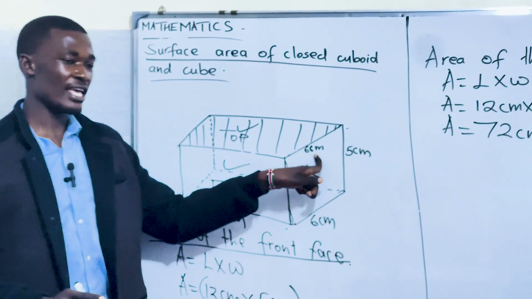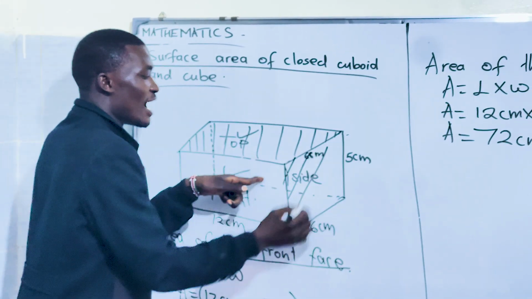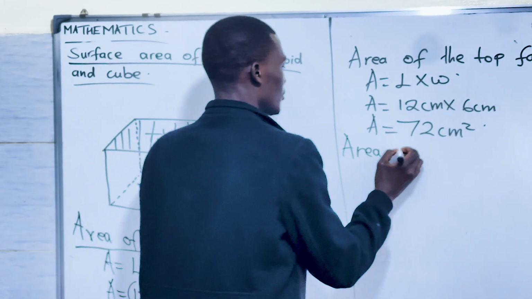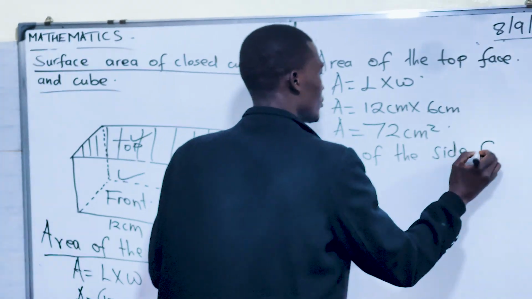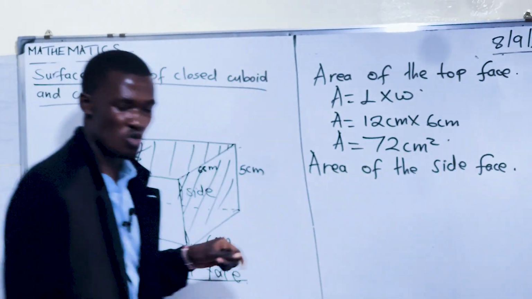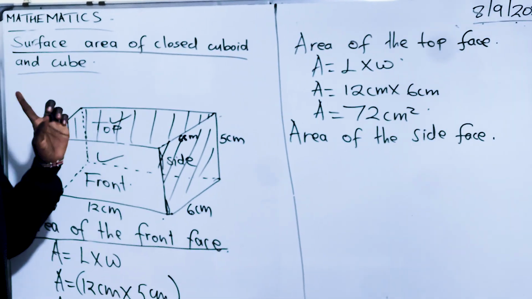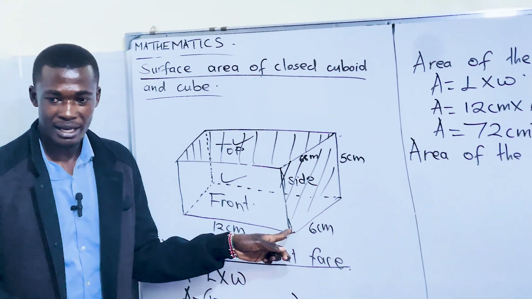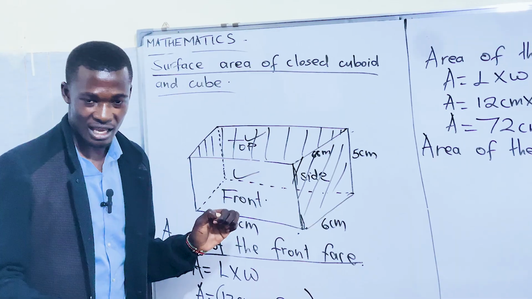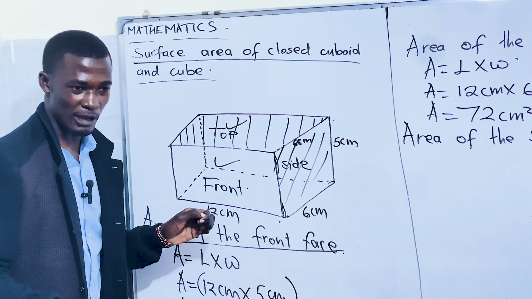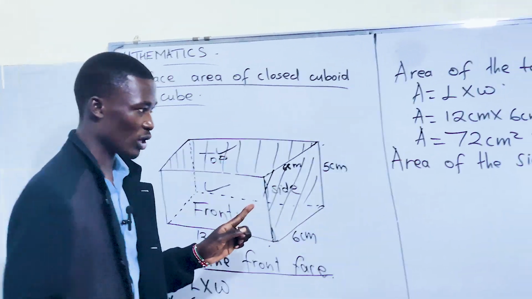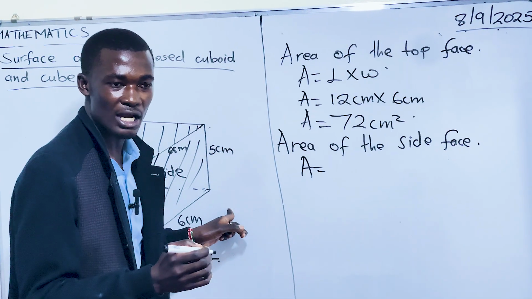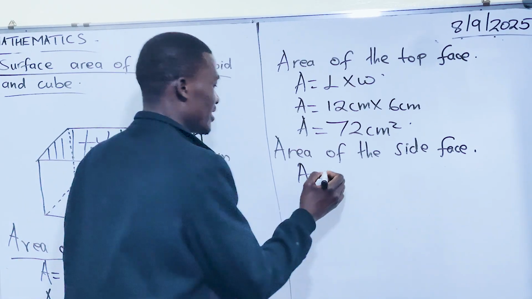We are left with the area of the side face. We have it here. So how do we get the area of the side face? Identify the shape that makes up the side face. So the side face is made up of which shape? Rectangle again. So for us to get the area of a rectangle, we use the formula length times width.